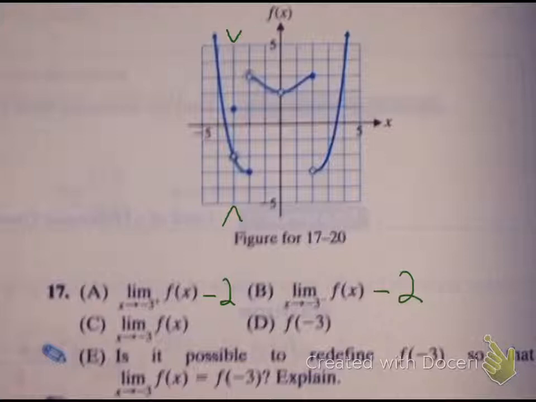Now, the limit of f of x, where it says just as we approach -3, what it's talking about is, do the right hand and the left hand line up? In other words, are these equal? So we've got -2 and -2, and so therefore those equal each other.